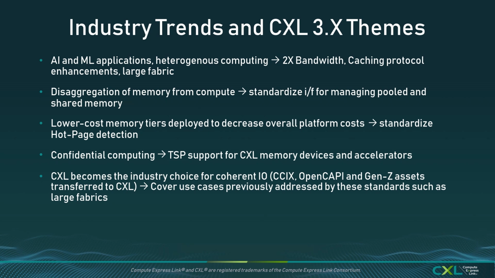So there are a number of such technologies being built. What we did in CXL, starting with 3.0, is add support for what we call TSP. That allows these workloads to be placed on CXL memory devices and allows CXL accelerators to participate in the confidential computing workloads.